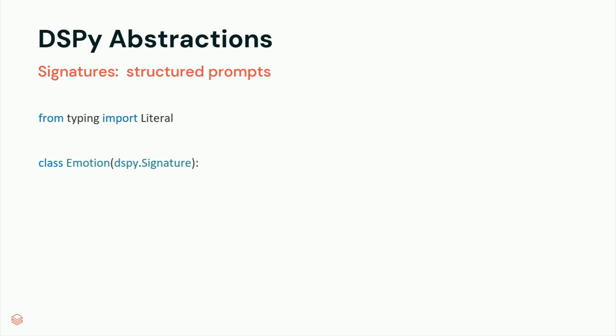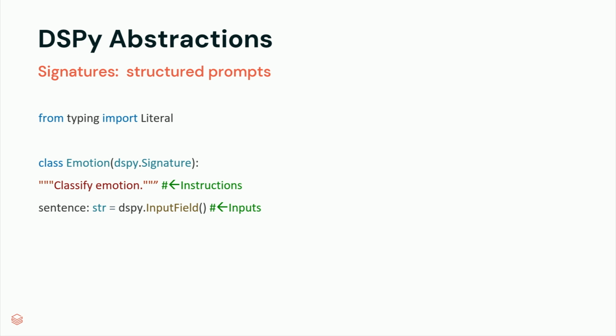You start with a signature, which is kind of a structured prompt. And this Python class that inherits from DSPy signature has an instruction. It's your docstring, and you're telling it what to do, what's your main concern. And then you define your inputs. And by the way, you can type them, and you can also give them descriptions in the input field.